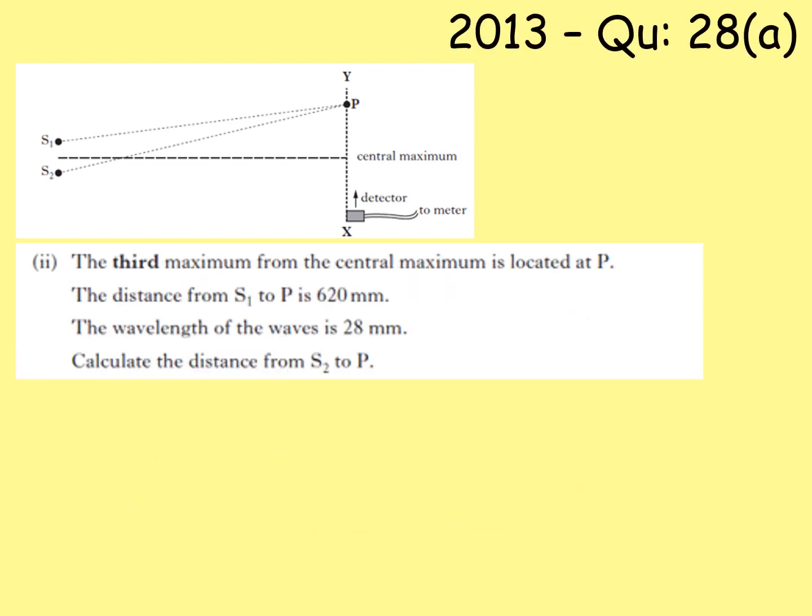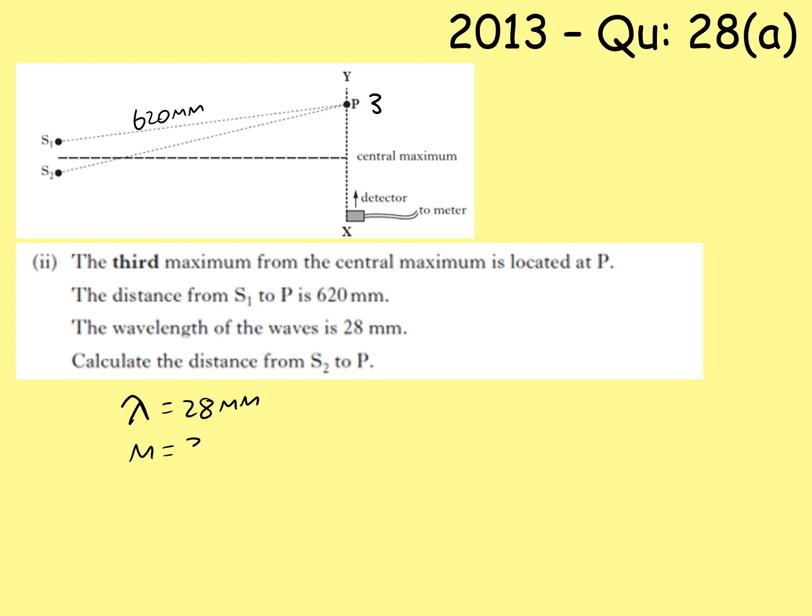Part 2. The third maximum from the central maximum is located at P. So m is equal to 3 here, so our third order maxima. The distance from S1 to P is 620 millimeters, and the wavelength of the waves is equal to 28 millimeters. Calculate the distance from S2 to P. Well, let's put in our information. We've got our path from S1 to P there. Our wavelength is equal to 28 millimeters, and our order of maxima is equal to 3.